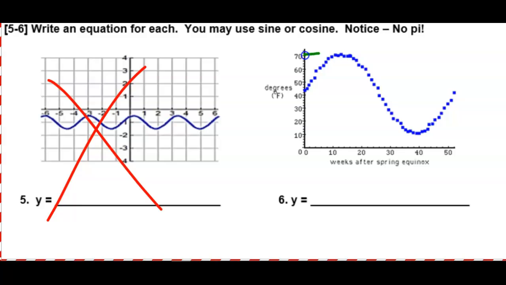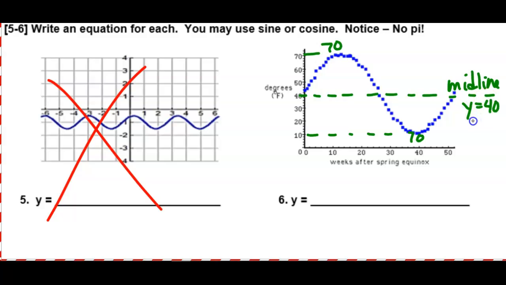And it has a maximum at 70, and it has a minimum over here at 10. So that is a distance of 60. So halfway in between here is the midline of 40. Now, I don't know why suddenly students start having trouble with where's the midline go and where's the amplitude go.